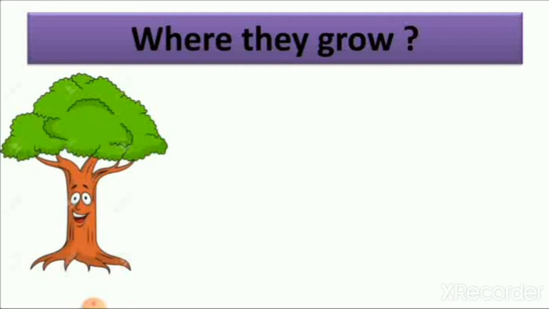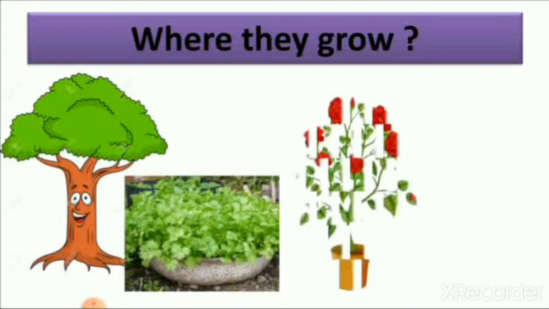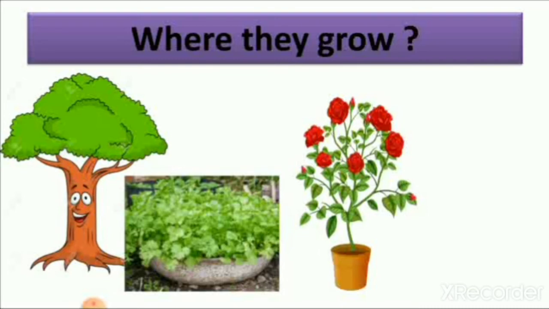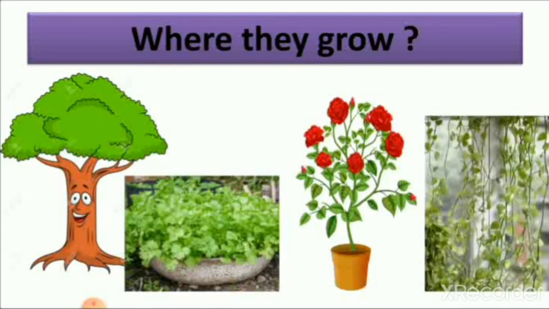They grow on a tree? Here are some pictures which show you the places plants can grow. The first picture is a tree, the second is coriander which grows in a small pot, then a rose plant in a big pot, then coriander, and climbers which grow with support.